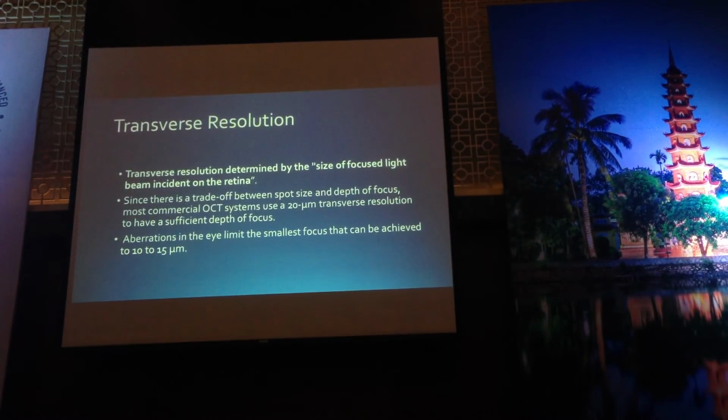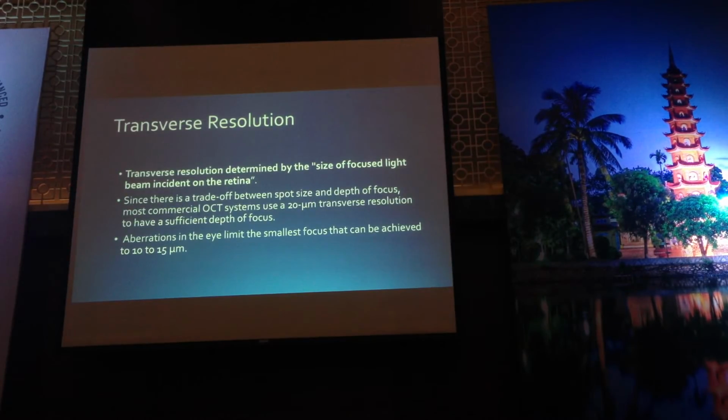How about the transverse resolution? It's not as important as the axial resolution. It just means the size of the focused light incident on the retina. But there's a trade-off between the spot size on the retina and the depth of focus. In most commercially available OCT systems, 20 micron transverse resolution is used. At this transverse resolution, it doesn't suffer much depth of focus loss.